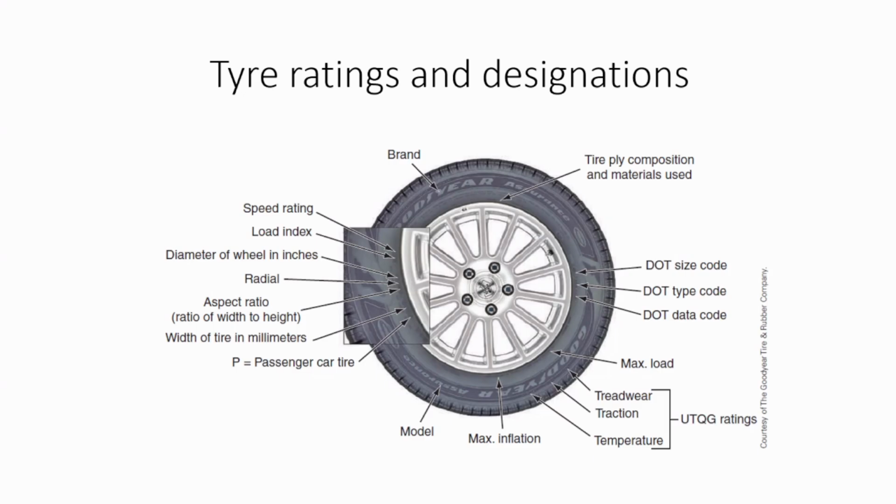And the recommended vehicle type, whether it's passenger car, heavy duty or off road. And the ply orientation, whether it's radial or bias type, right? The manufacturing date and the week of manufacture is also mentioned.